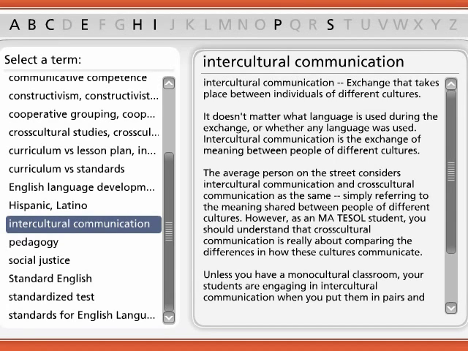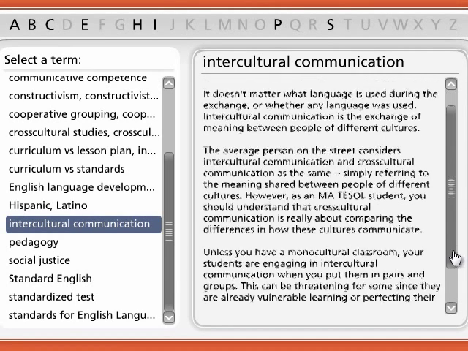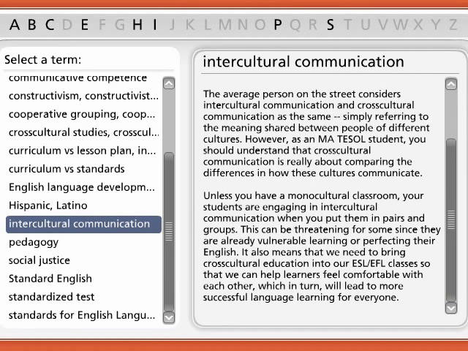The average person on the streets considers intercultural communication and cross-cultural communication as the same, simply referring to the meaning shared between people of different cultures. However, as a TESOL student, you should understand that cross-cultural communication is really about comparing the differences in how these cultures communicate. So cross-cultural is the comparison, intercultural is the actual exchange of information.